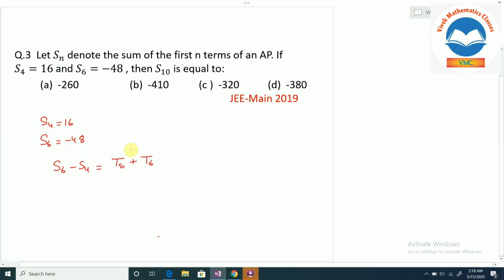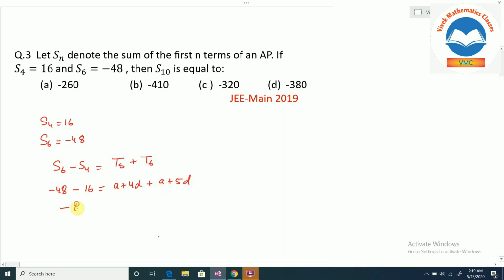Why? S6 is the sum of first 6 terms. From that, if you subtract the sum of first 4 terms, what will be left? The last 2 terms. It means the 5th term and 6th term will be left. So we will apply this. S6 we have been given as minus 48, minus 16 will be equal to T5 plus T6, which is A plus 4D plus A plus 5D.